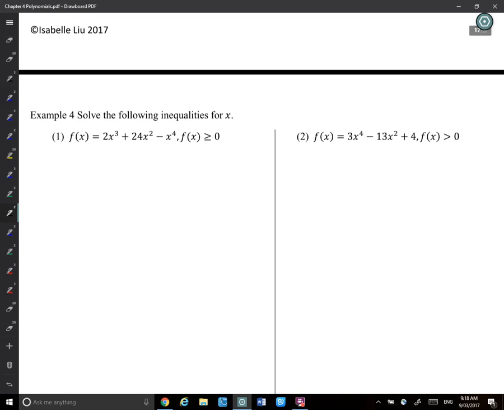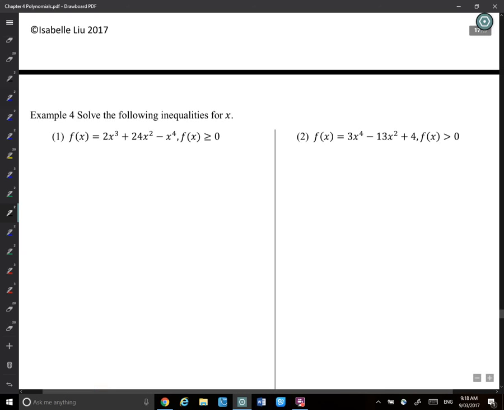Let's solve for the first one. I need to solve minus x to the power 4 plus 2x cubed plus 24x squared greater or equal to 0. Let's take out minus x squared because I have a highest common factor, which is x squared.